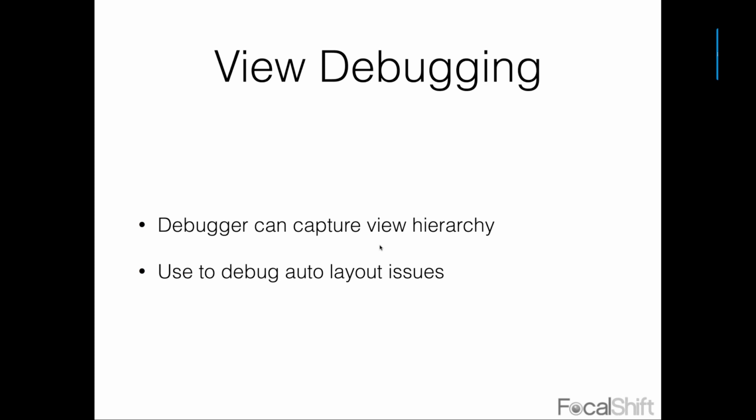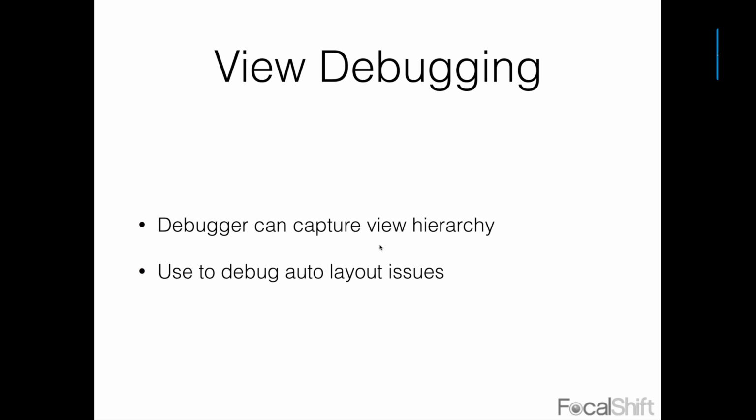This new feature to let you capture the view hierarchy in the debugger makes troubleshooting those kinds of things quite a bit easier, because now, while the app is running, we can stop it, capture the view hierarchy, and then Xcode provides a visualization tool to let us look at all of the layers that represent the different views.